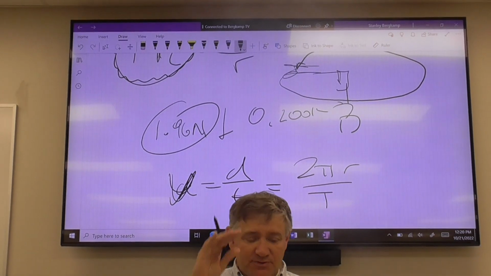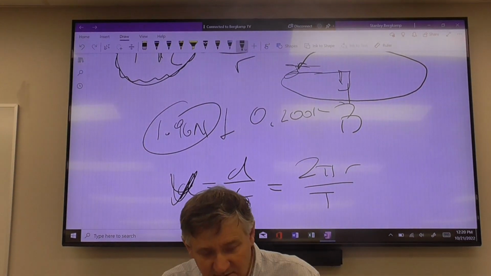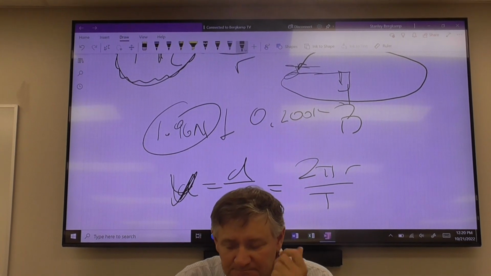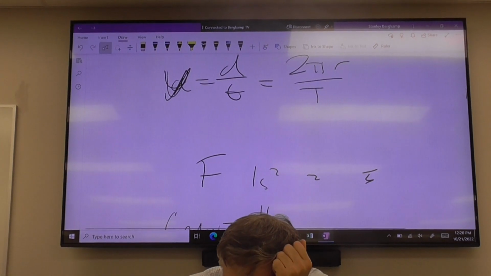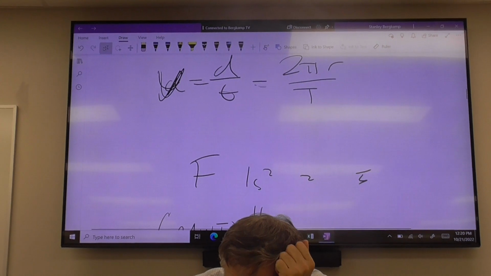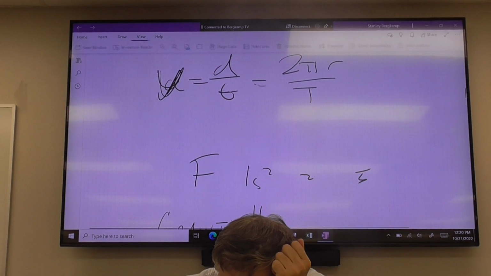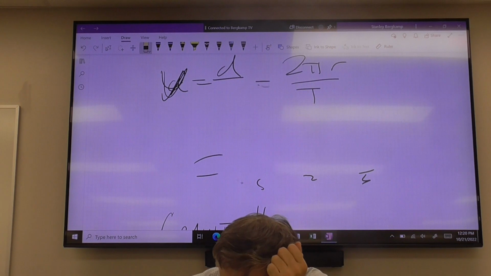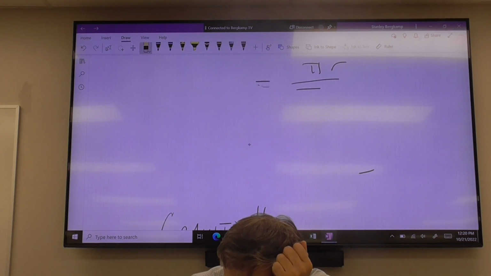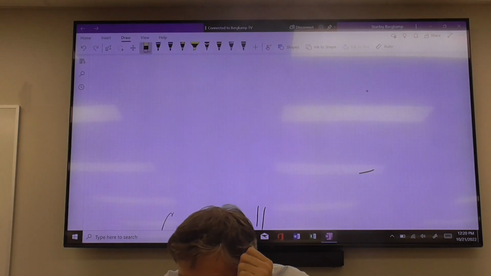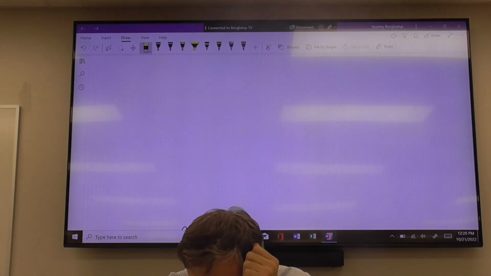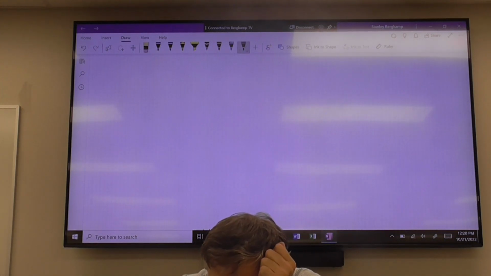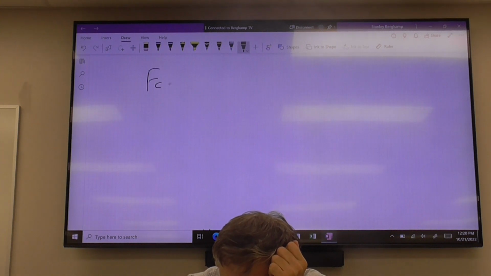Now, let's talk about the trend that you should see. This also turns into a nice mathematical model. If you look at these first trials, this is going to be the model that you use for all of these. You're going to have centripetal force equals mass times v squared over r.